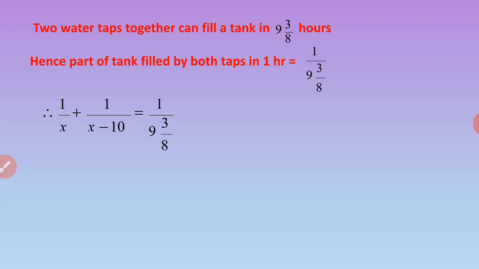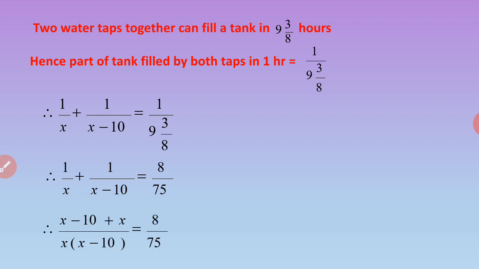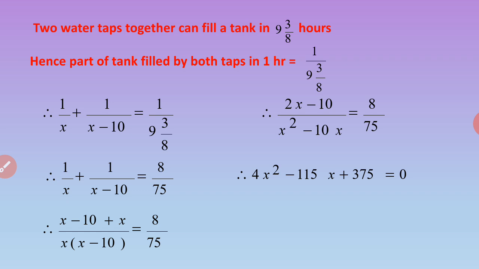Now the rest is all mathematical. You solve it. The right hand side is initially solved and then cross multiply on the left hand side and proceed further. When you proceed further, you will get a quadratic equation.